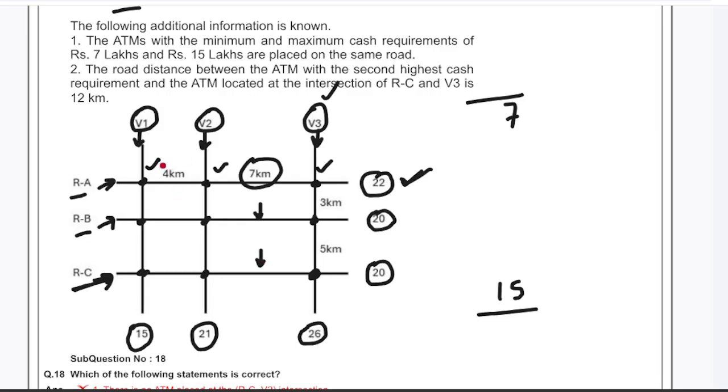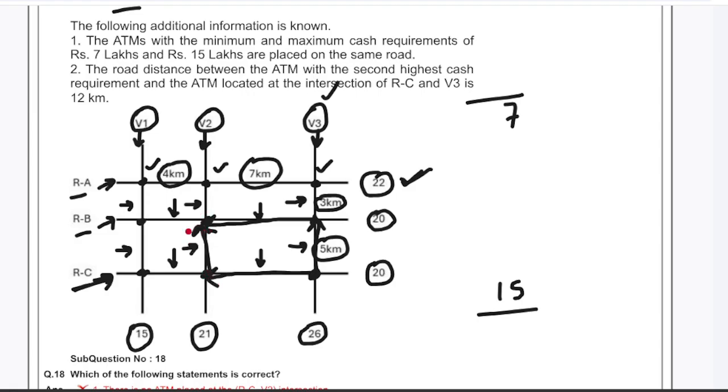Now this is 4, and this is also 4, and this is also 4. The same way, if this is 3, they all are 3 because they are parallel roads. If this is 5, then these roads are also 5. Now when they say that the road distance is 12, it comes to be 5 and 7, 12, or 7 and 5, 12. This is the only point we are getting.